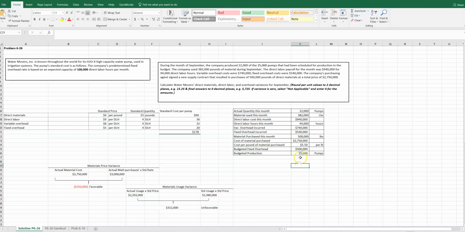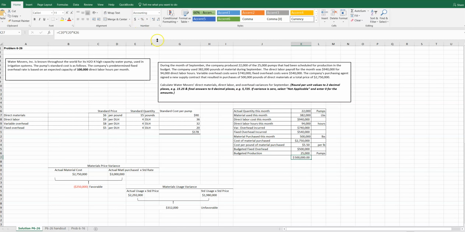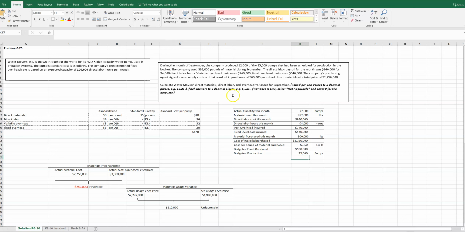And you can do a little math there if you want to: a $5 application rate per direct labor hour times 4 hours per pump times 25,000 budgeted pumps, and you get $500,000 as your budgeted fixed overhead. So that just reconfirms what we knew a minute ago. Anyway, they budgeted 25,000 pumps for production.